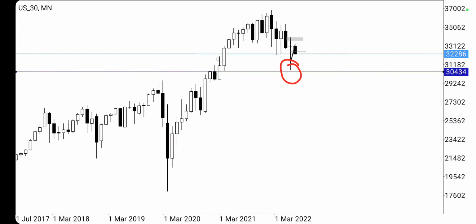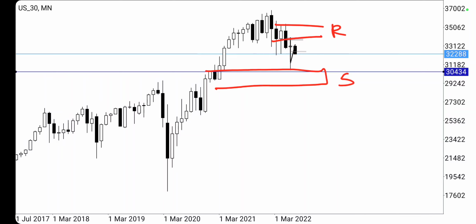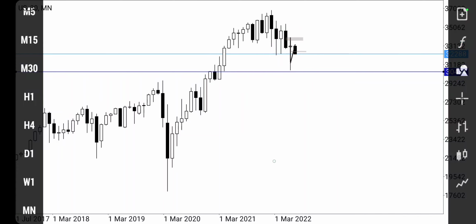But we can see we're sort of reacting from the monthly area of demand, and then we formed a pin bar here, but we haven't yet gone above it. So if we were to mark the area above and the area below, we would say support on monthly, resistance, and we're just in between, and that's it.